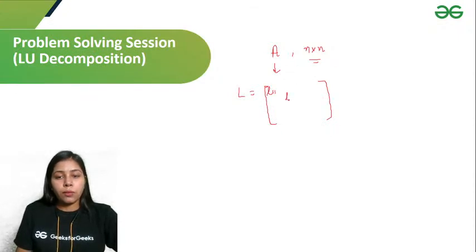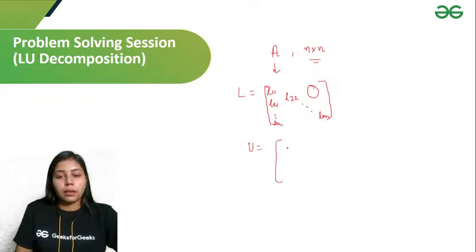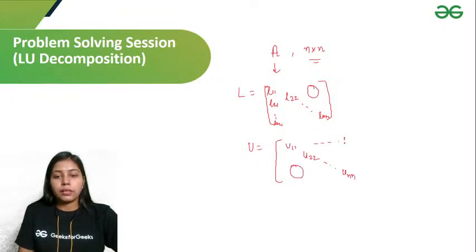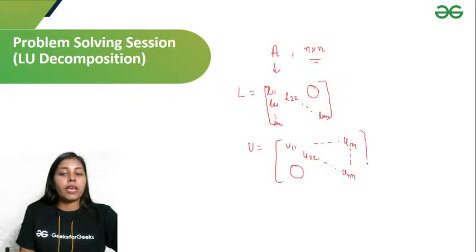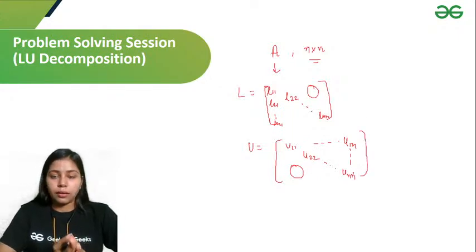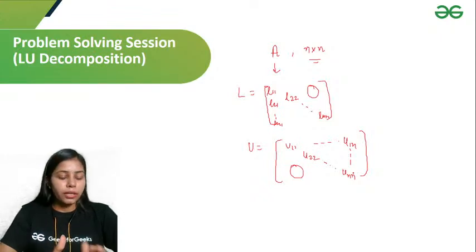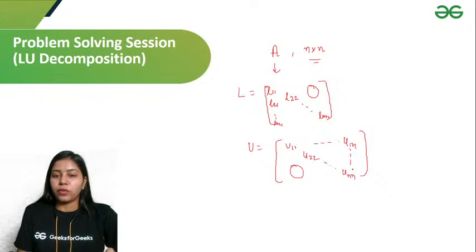L11, L22, like this, LNN, and this whole upper part will be 0, with L21, LN1 below. And for upper triangular it is U11, U22, like this, UNN, and this lower part will be 0, with U1N and so on. So an upper triangular matrix has numbers in the upper triangle, and a lower triangular matrix has numbers in the lower triangle.